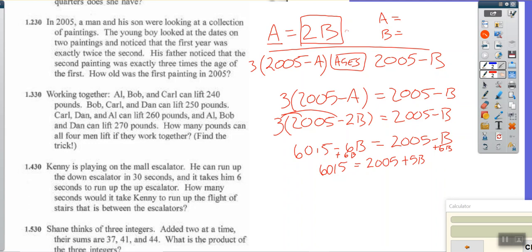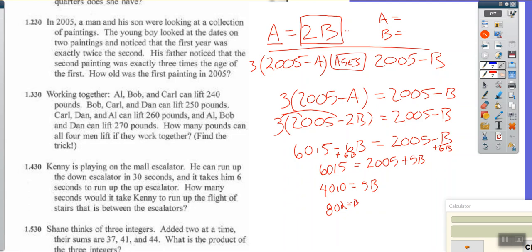Subtract 2005 from both sides, so I get 4,010 is equal to 5B. Divide by 5, so that's 802. So that means B was made in 802, which means A was made in 1604.